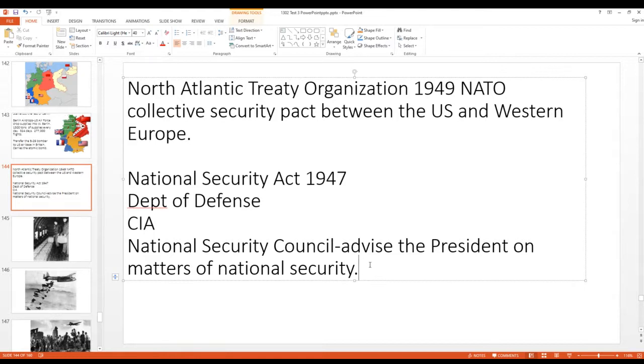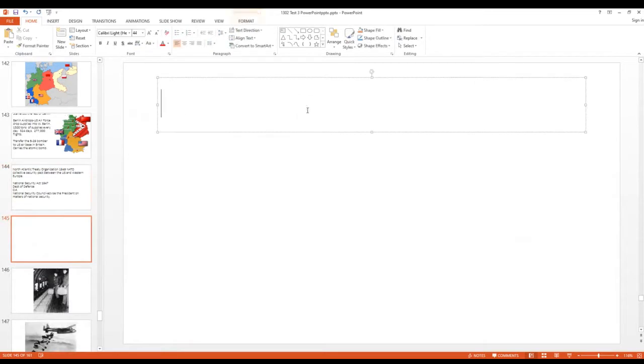One thing the National Security Council does is create reports. There are a lot of reports created by the National Security Council. And one of the reports, probably the most famous one it created, was NSC 68 that was created in 1950, which you can find on the internet now.